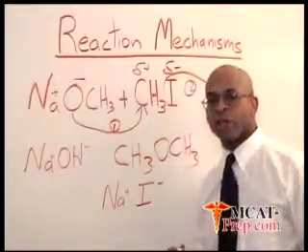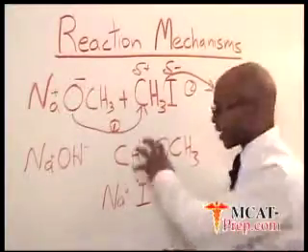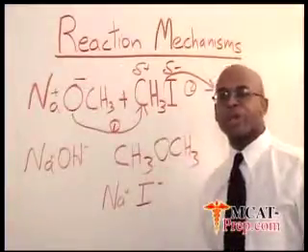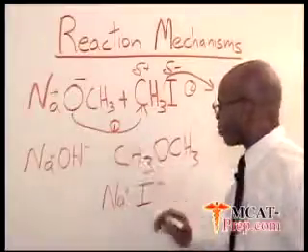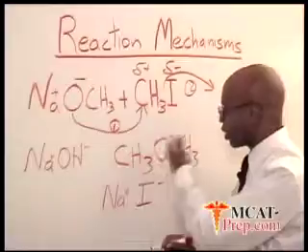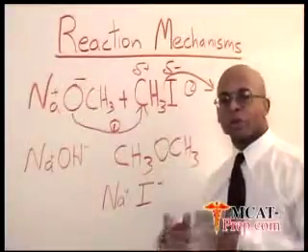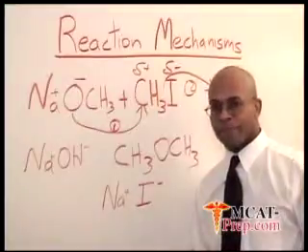That is the definition of an ether. This particular ether has a methyl on each side, so it's called dimethyl ether. If it had a methyl group on one side and an ethyl group on the other, you can call it methyl ethyl ether. So this is one of the ways that you can name ether compounds.